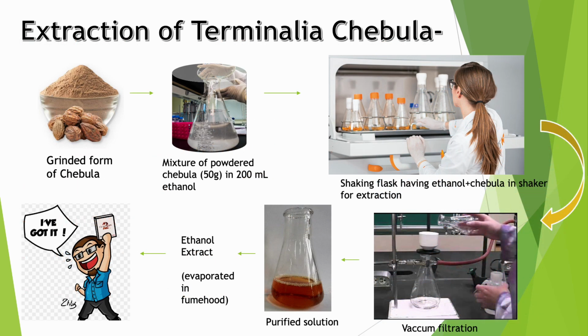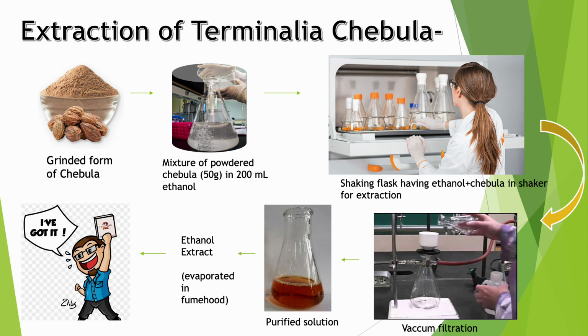The first and foremost step for our project was the ethanol extraction of Terminalia chebula. As we see on the slide, it looks very interesting, right? And it was very interesting when we performed it as well. For the first step, we used the dried fruit of Terminalia chebula. We took a lot of fruits and put them into the grinder to convert them into powder form.